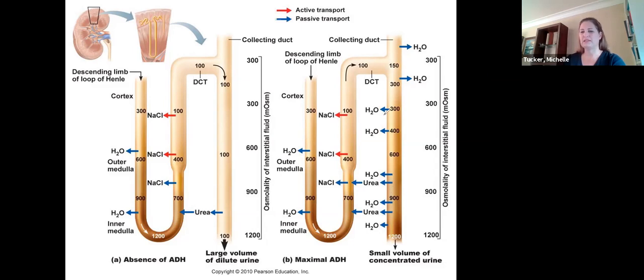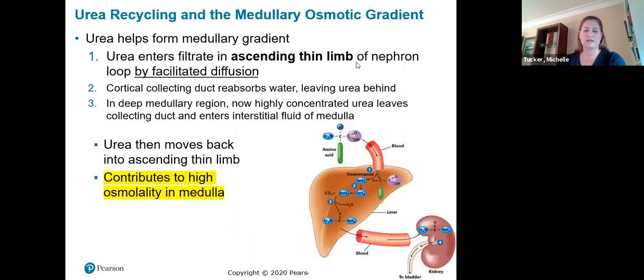So if we just need to concentrate a little bit, we put aquaporins in here in a moderate number. If we need to reabsorb most of the water, nearly all of it, then we'll put them in through the entire range of the collecting duct. And this reabsorbed water is also going to be transported by the vasa recta into the systemic system.